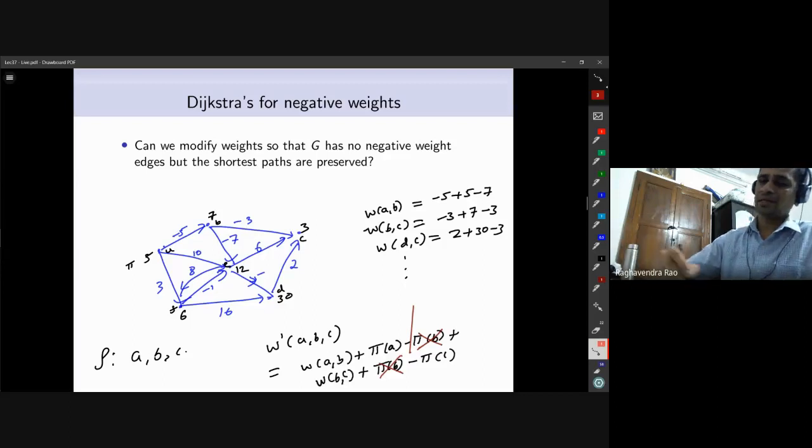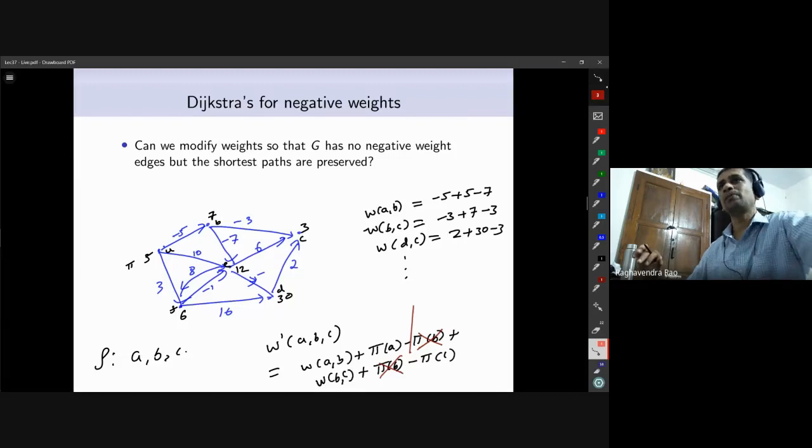See, if you take any pair u, v, then for any u to v path, the length of the path will be modified by the difference between the price values of u and v. It will be basically pi u minus pi v. So all u to v paths will have the same addition, uniformly.